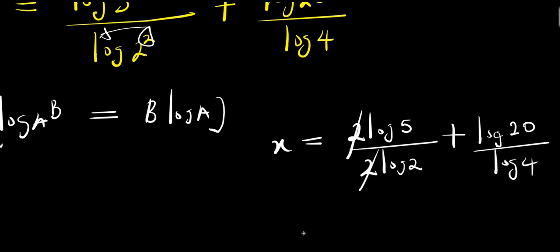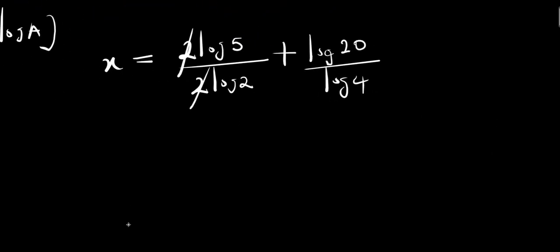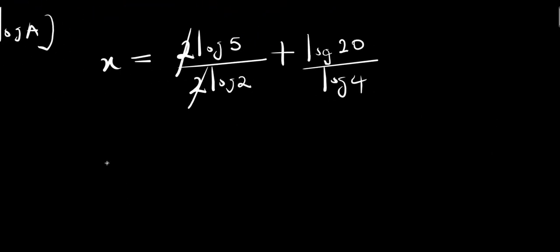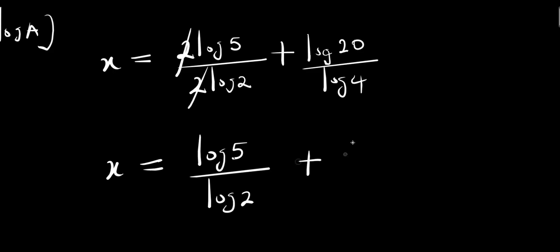So 2 eliminates 2. We have x equals log 5 divided by log 2 plus log 20 divided by log 4.